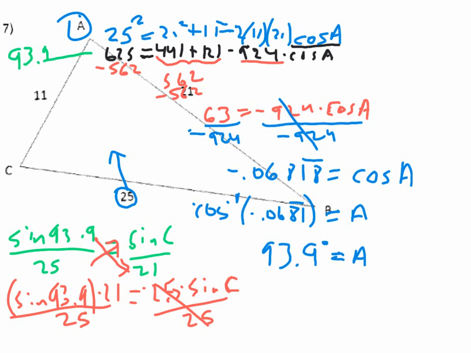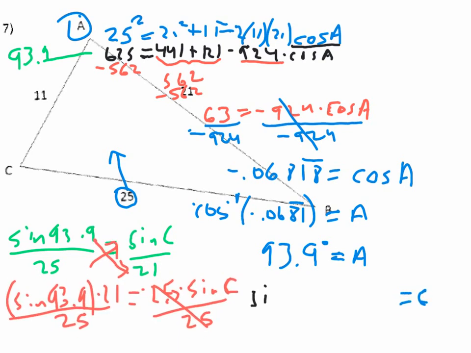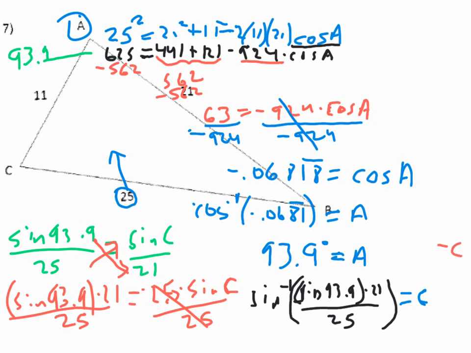So essentially, your next step is you'll just have C, and then inverse sine of everything you just had over there. So sine of 93.9 times 21 divided by 25. And that gives me 56.9 degrees.